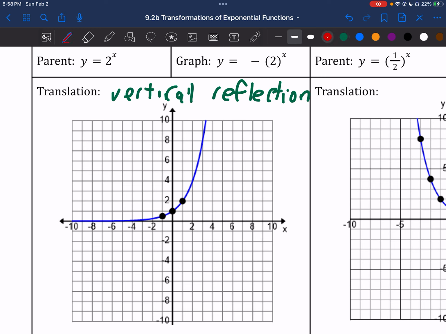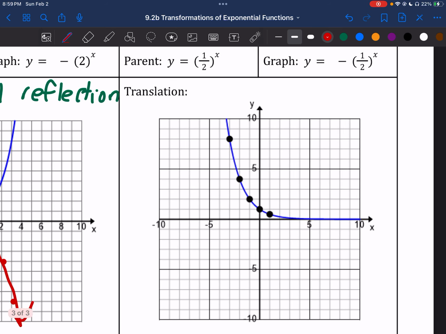So if we picture this, 2 to the 0 power is 1 times negative 1 is negative 1. 2 to the first power is 2, multiplied by negative 1 is negative 2. 2 to the second power is 4, inverse is negative 4. 2 to the third power is 8, we flip it to negative 8. So we are going to get the same asymptote, but we are now the opposite. We're going downward. Okay.